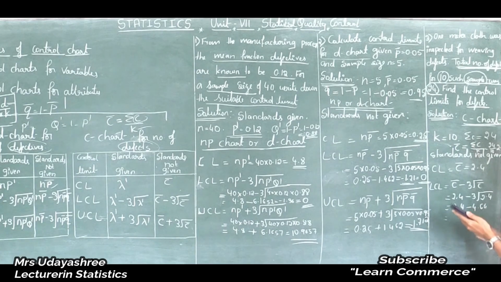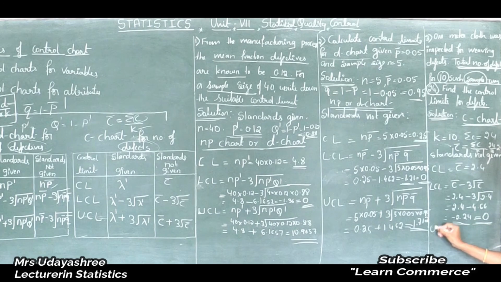So this is equal to 2.4 minus 4.64, that is minus 2.24. See here we got a negative value. What do we have to do if it is a negative value? We have to write this as equal to 0 only.